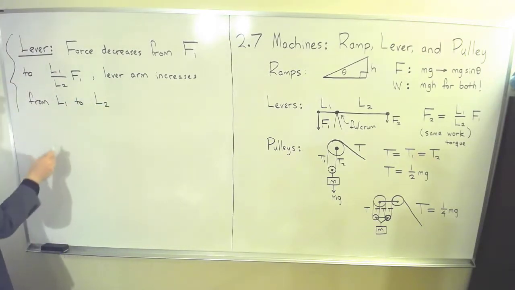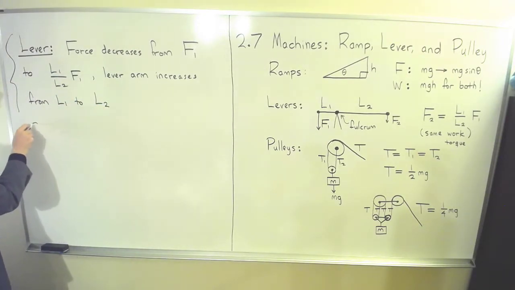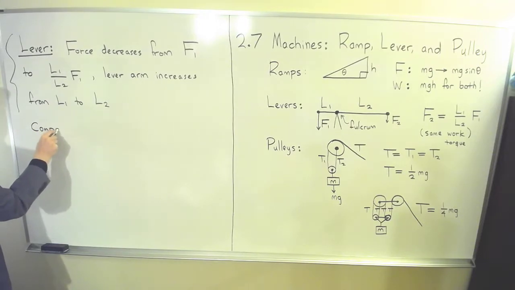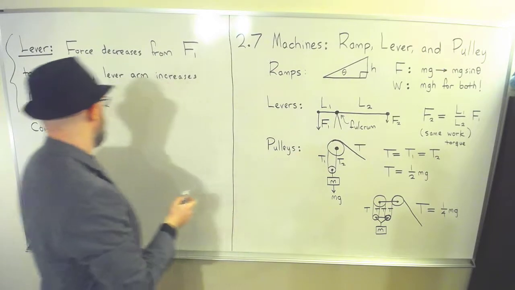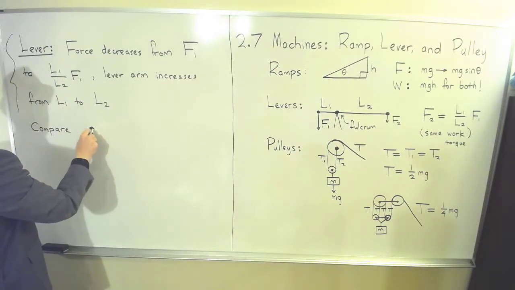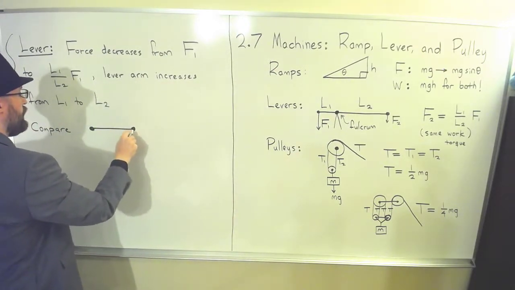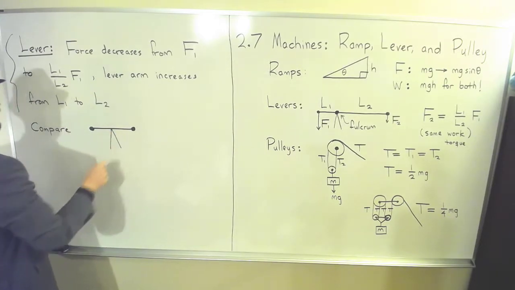Now, the specific context in which I'm talking about this is you're comparing two things. You're comparing this diagram I've drawn here to another diagram in which the lever arms are the same. So you start out with a baseline situation where you have the fulcrum right in the middle.